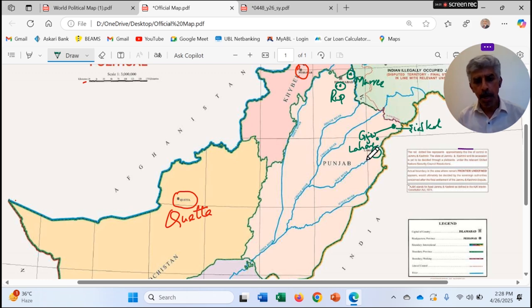If we move towards the center of Punjab from Lahore, almost parallel but a bit slanting over here, this region is Faisalabad, and if we move in this direction, we find Multan.